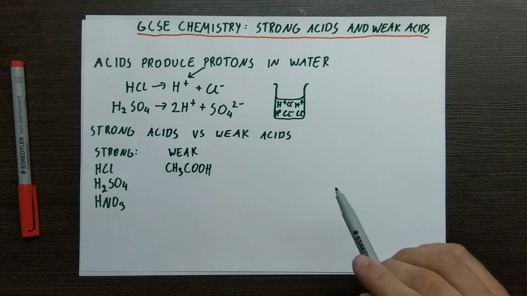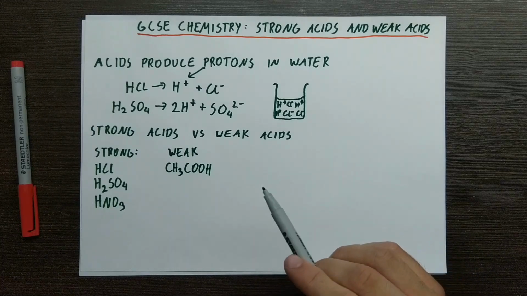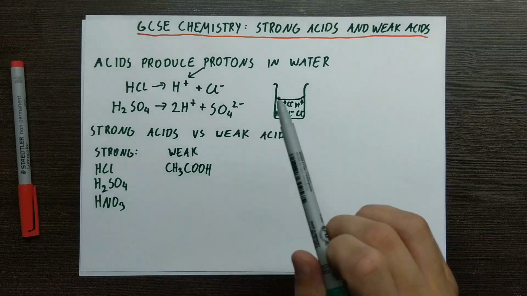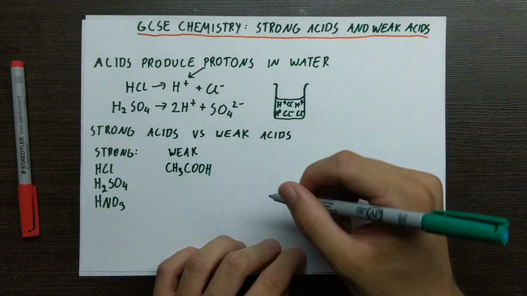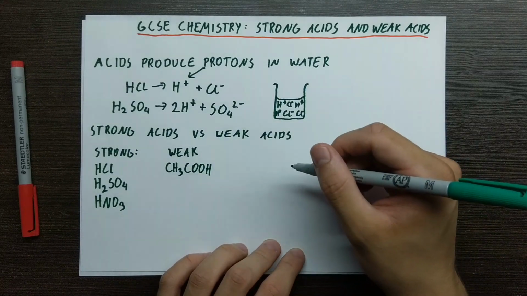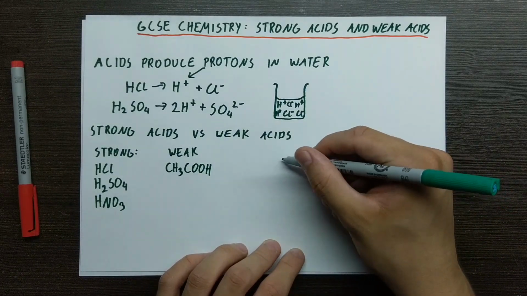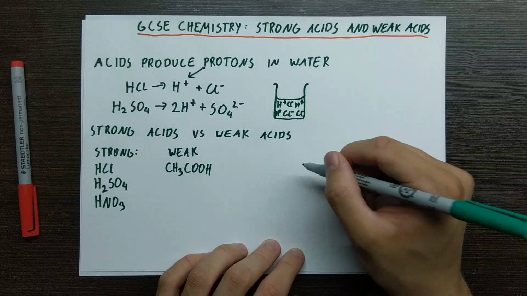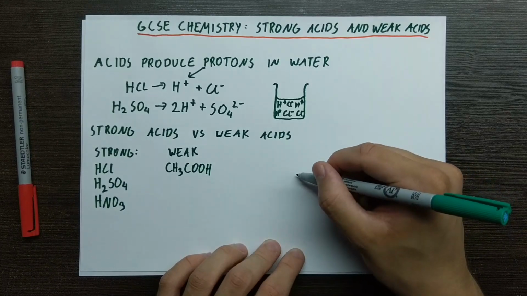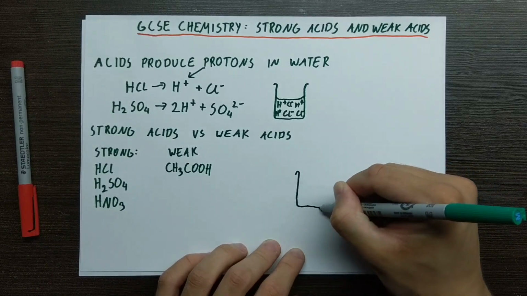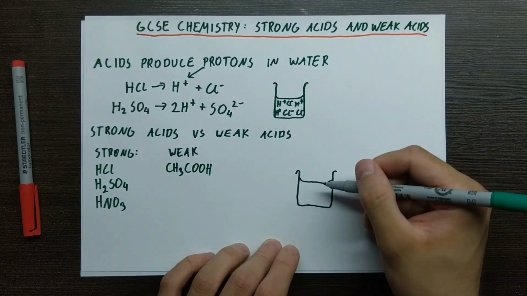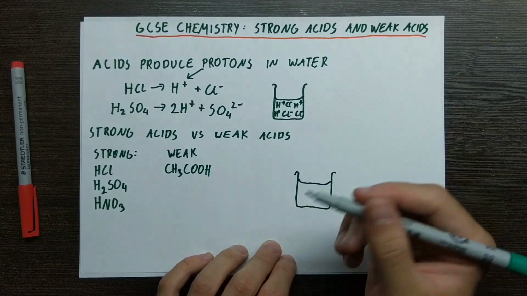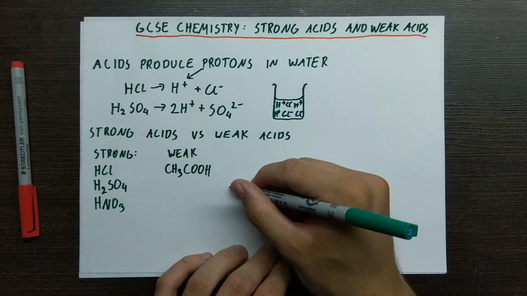Well, as we already said, acids produce protons in water. With a strong acid, let me just draw quickly a cup. So we have a cup of a strong acid with water, and an example of a strong acid is hydrochloric acid.